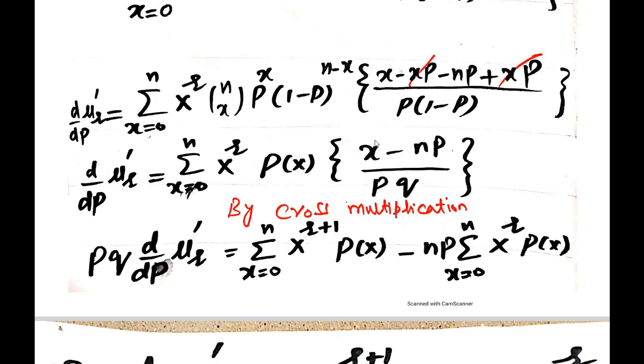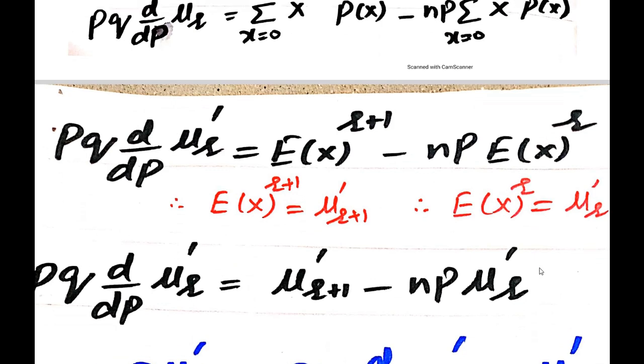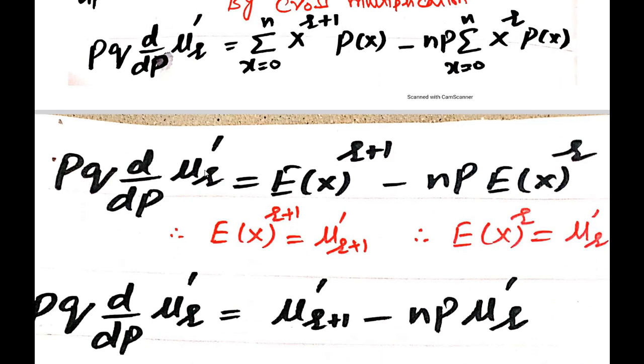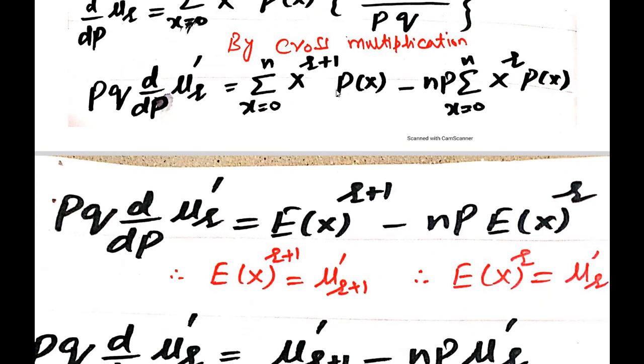When we multiply this term, this is 1 and this power is r, so we write it as x power r plus 1 p of x minus np times the sum of x ranges from 0 to n, x power r p of x.